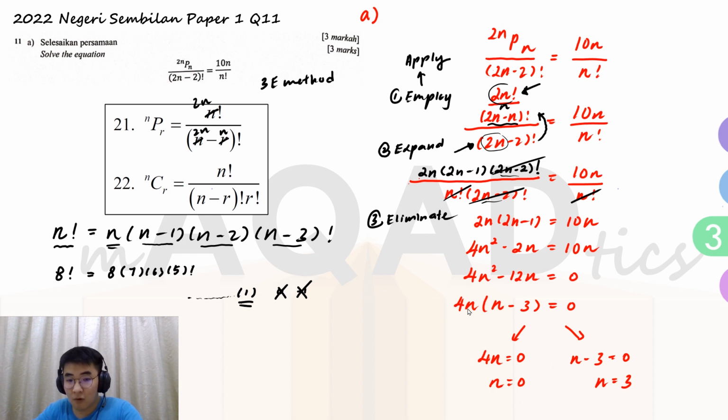So here will be 4n bracket n minus 3. You split it into 2, and there will be 2 answers. But we need to reject one of them, which is n equals 0, because if you imagine nPr, if n is 0, it means that we are arranging 0 things, which doesn't make sense, correct? So here you will use n equals 3.